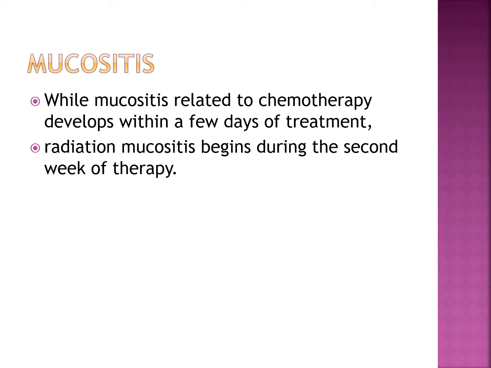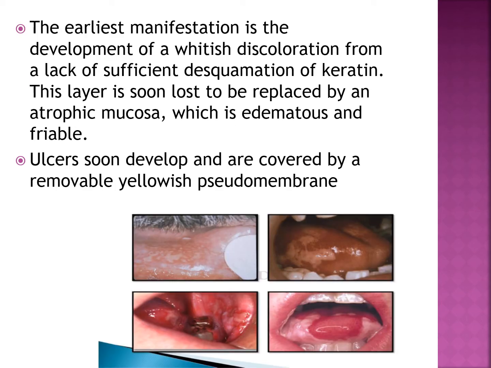Mucositis. While mucositis related to chemotherapy develops within a few days of treatment, radiation mucositis begins during the second week of therapy. Here, the earliest manifestation is the development of white discoloration from the lack of sufficient desquamation of keratin.